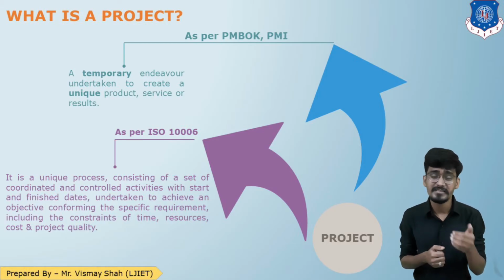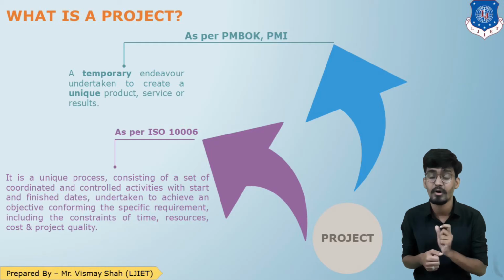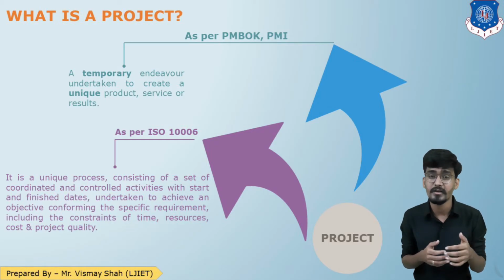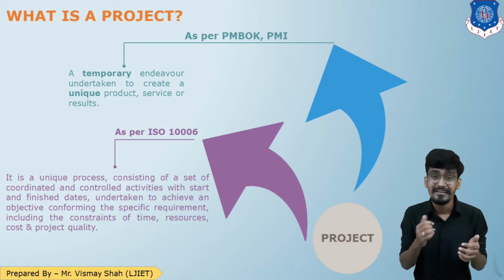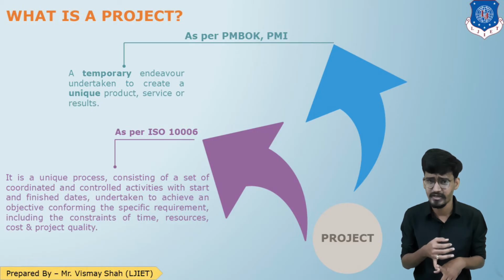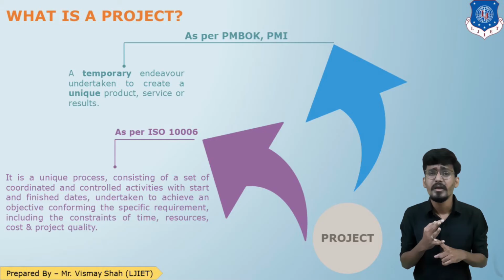Students, the first definition is as per PMBOK, Project Management Body of Knowledge. What temporary and unique mean in the PMBOK definition is written in the ISO definition: a controlled set of coordinated activities which has start and finish dates, and also has constraints like time, cost, and project quality.